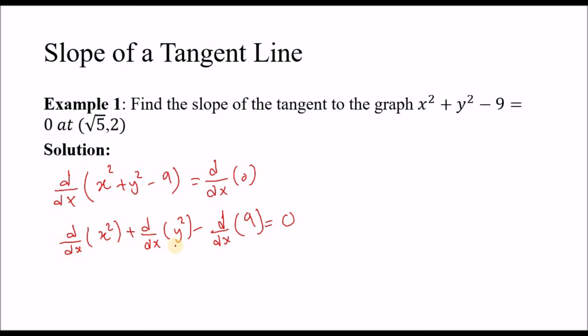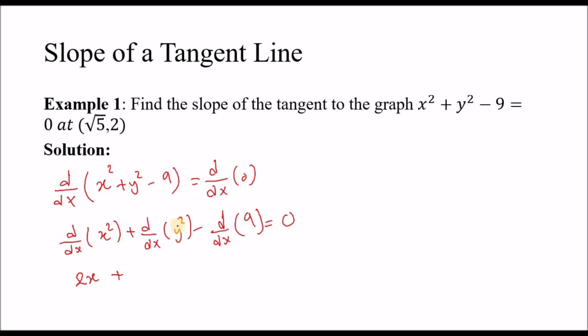Now I will use the chain rule again, making sure that I treat y as a function of x. So here it goes. This is 2x to the first power, and then I have to differentiate x with respect to x, but that is equal to 1, so I'm not going to write it down.